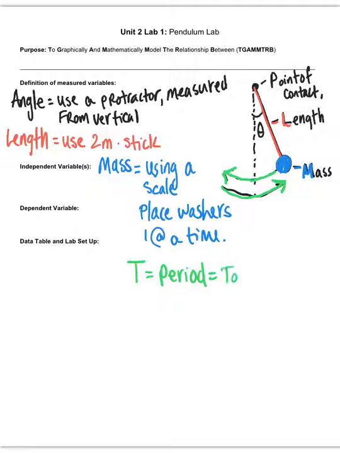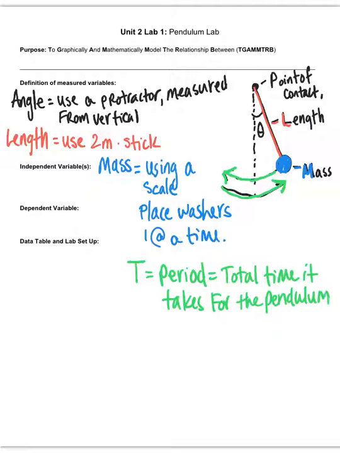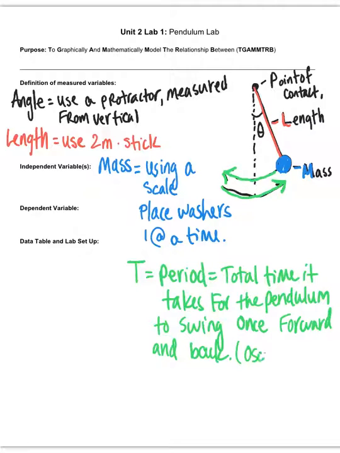And it's the total time it takes for the pendulum to swing once forward and back, otherwise known as one oscillation.